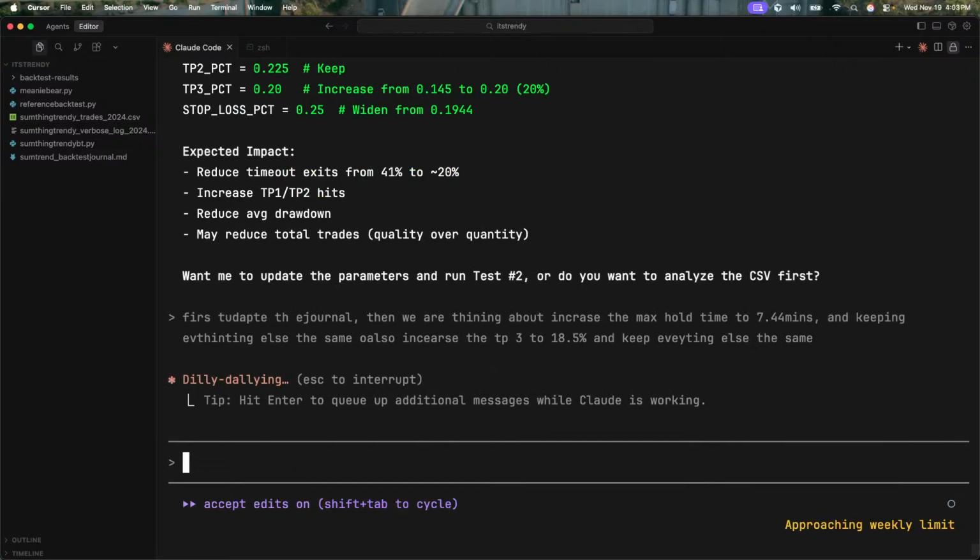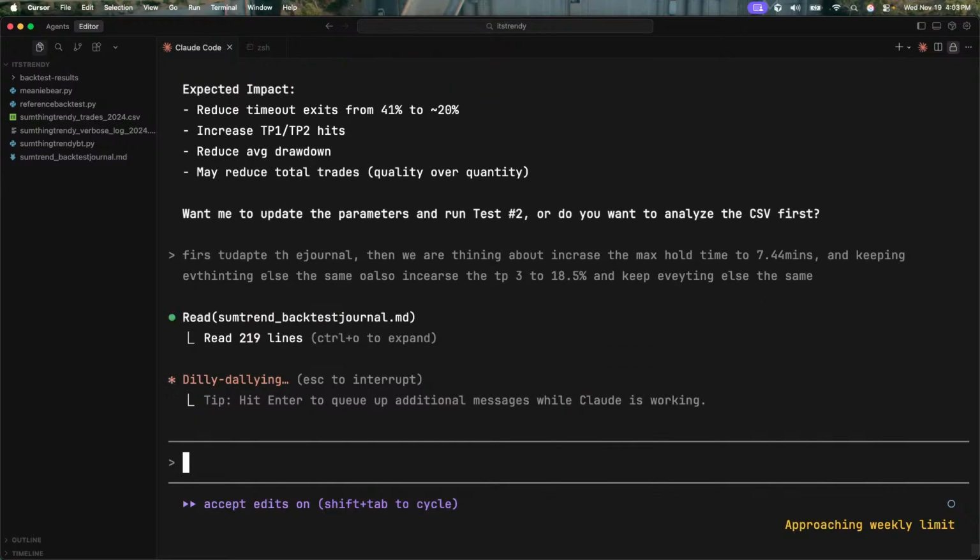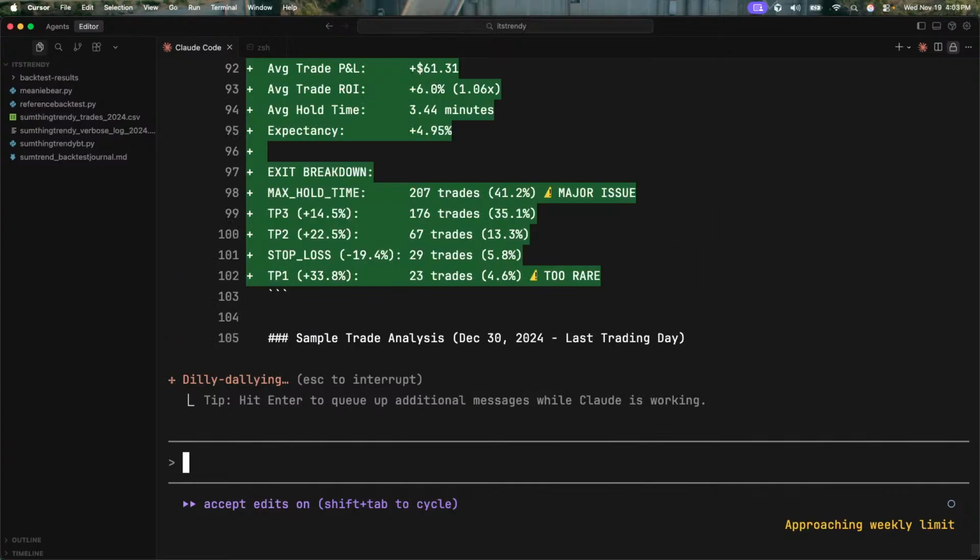All right, so what do we think is going to happen? We have given the trades more time to develop, about 3 more minutes, right? And I've also increased the take profit level of the third one by about 4 percentage points. So let's see if, number one, that gives us more of a return. Number two, are we going to be able to turn around some of our trades?